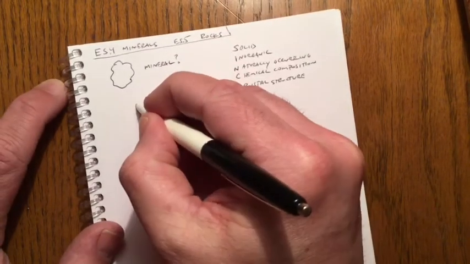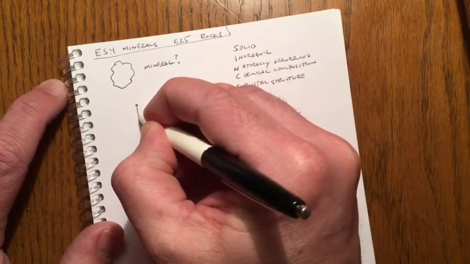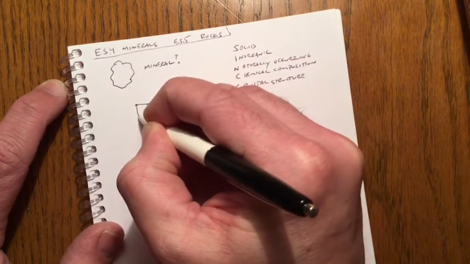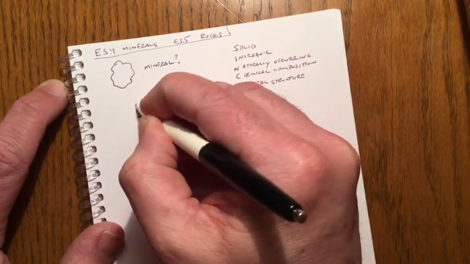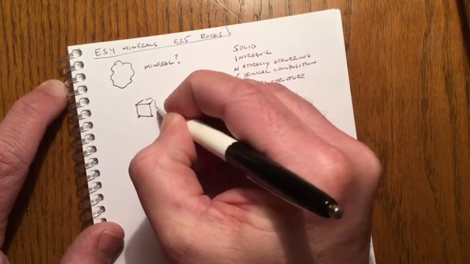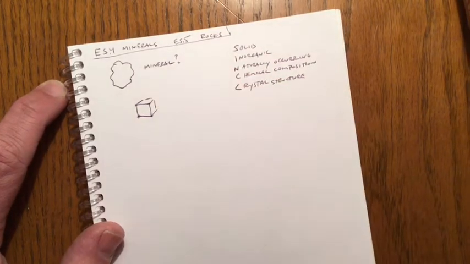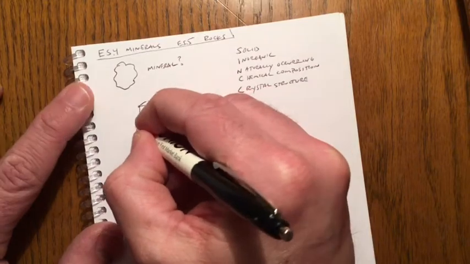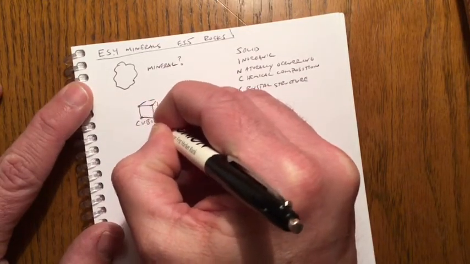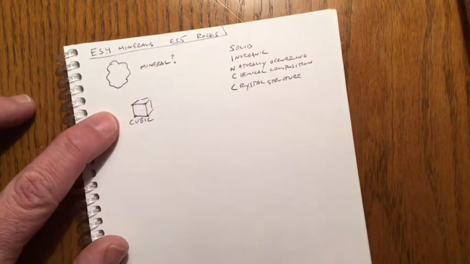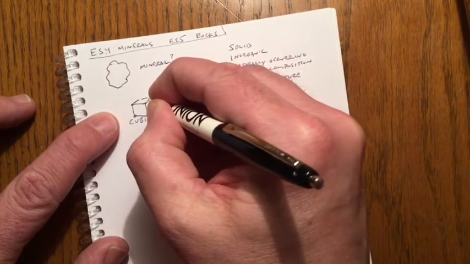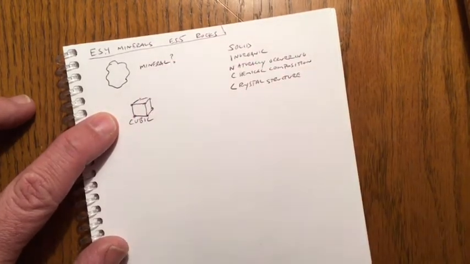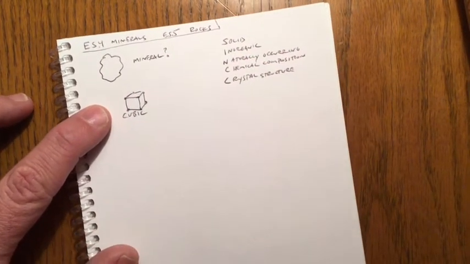Crystal structure can be a number of different things, but for example, halite has a cubic structure. Halite is table salt, and that means there's a repeating pattern. The atoms arrange themselves into this cube formation over and over and over again.